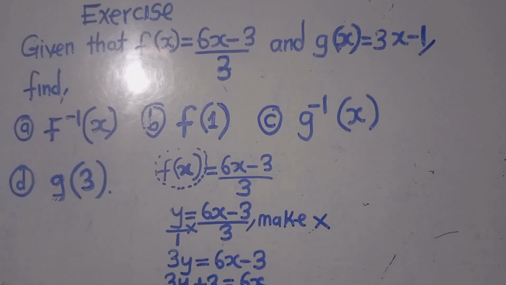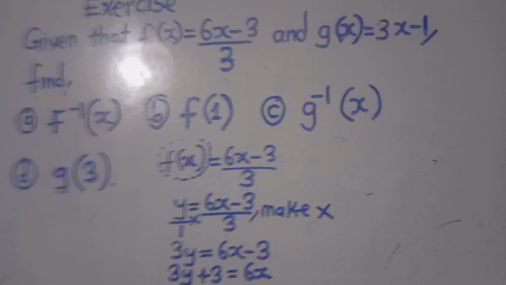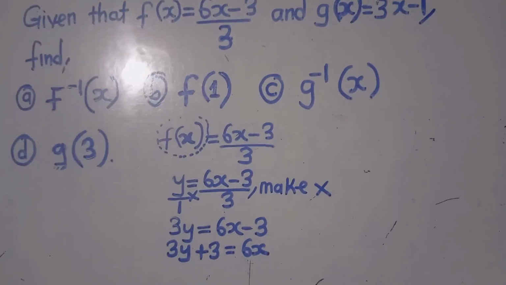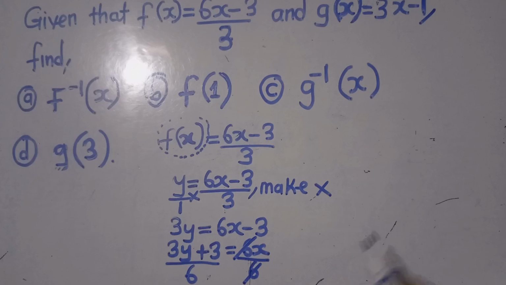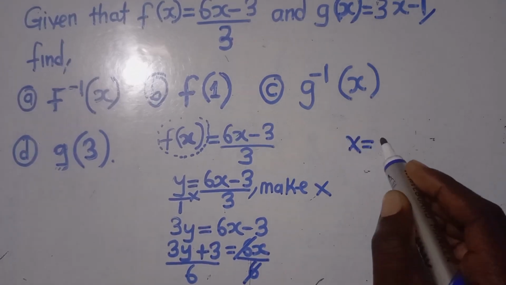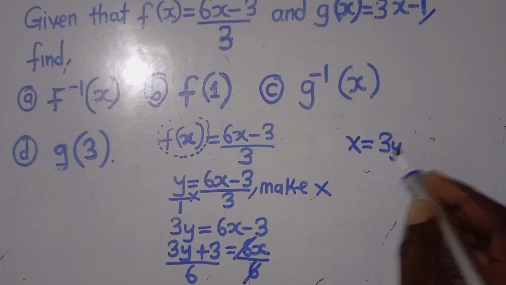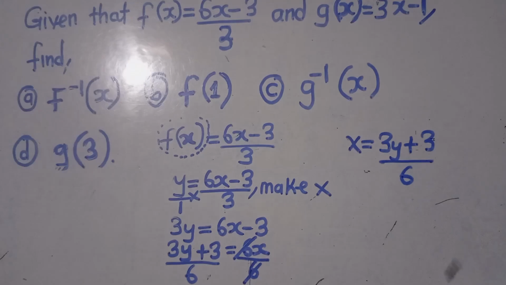From here, I'm going to divide both sides by 6 so that I get to find the value. So I divide both sides by 6, even here by 6. So 6 will be cancelled, and I'm going to have x is equal to 3y plus 3 over 6.